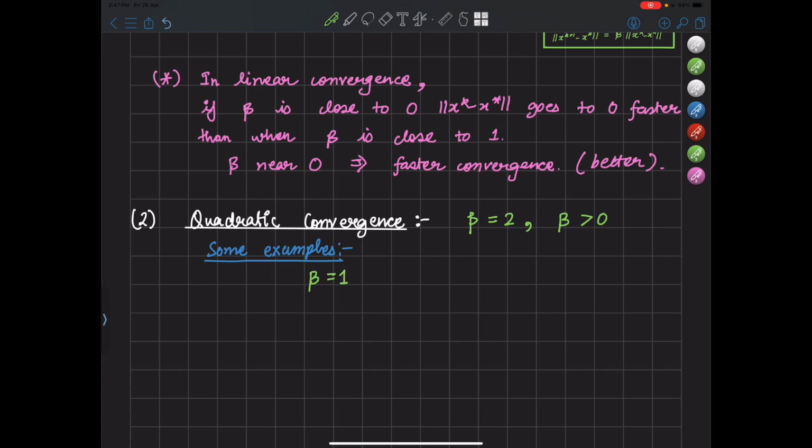If beta is equal to 1, let's say beta can be anything greater than 0. Let's say beta is equal to 1, and x naught minus x star is 0.1. Then how do the norms of xk minus x star evolve over time? Remember what the formula was.